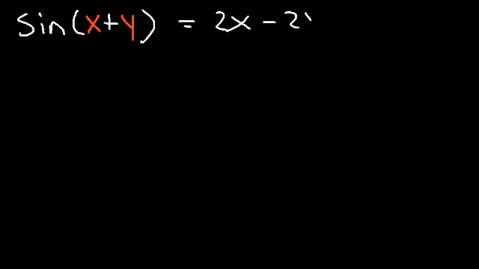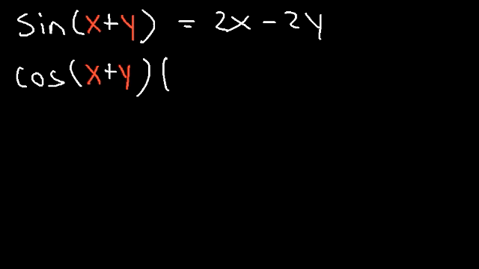Try this one. Sine x plus y is equal to 2x minus 2y. Go ahead and find the first derivative, dy dx. So the derivative of sine is cosine, and the inside part, the angle, is going to stay the same. And then we need to differentiate the angle. The derivative of x plus y is 1 plus the derivative of y, which is 1 dy dx.